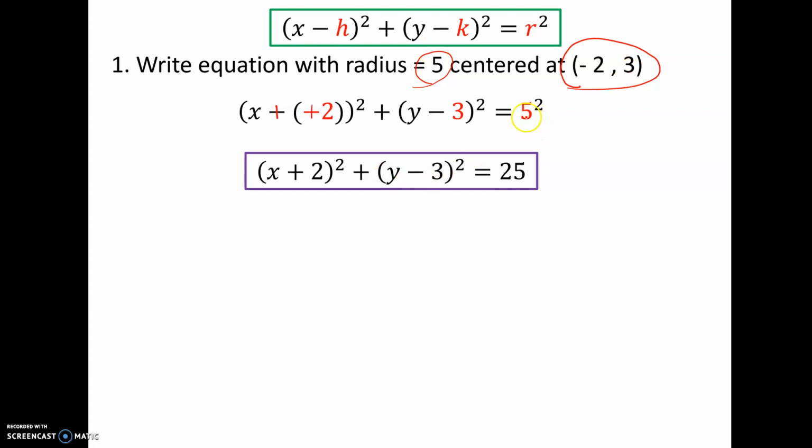And then my r is 5, so 5 squared is 25. So here's the equation of my circle that is centered at (-2, 3), with the radius of 5. Again, because right here, I'm taking the opposite of h, the opposite of k. Here's my h and my k. So it's a positive 2 and a -3.